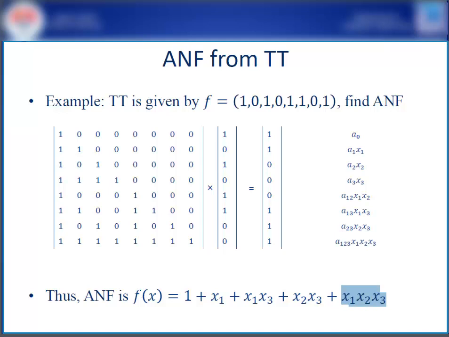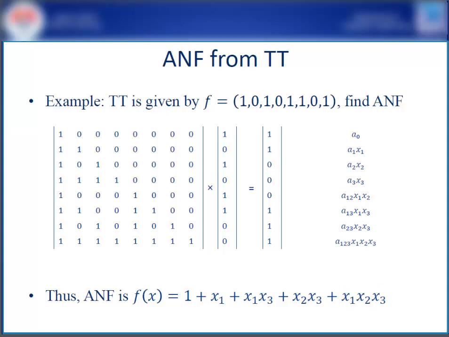As we can see from the algebraic normal form, the algebraic degree of this Boolean function is equal to 3, because 3 is the size of the largest subset of inputs with non-zero coefficient.